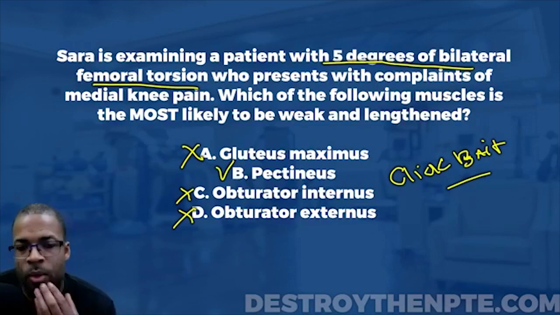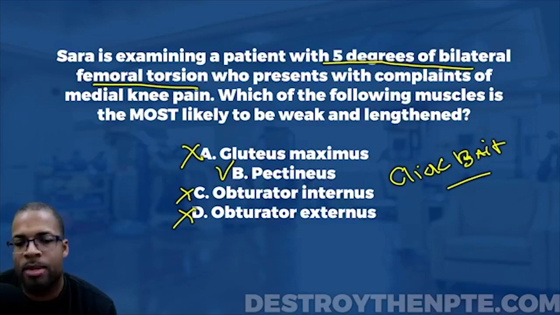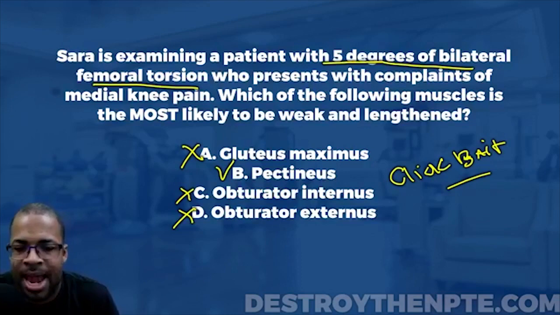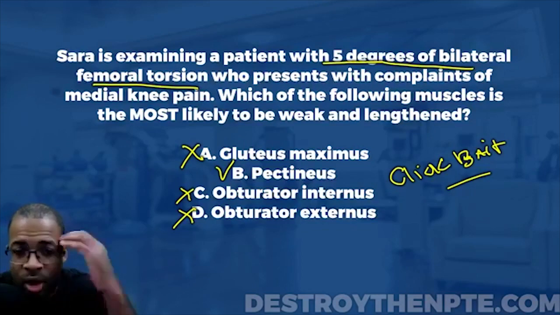When we went through this question, we were talking about retroversion, and how the patient is going to have excessive external rotation, and that their external rotators are going to be tight and their internal rotators are going to be lengthened. And we knew that we wanted to find an answer that was an internal rotator. That was our mindset.